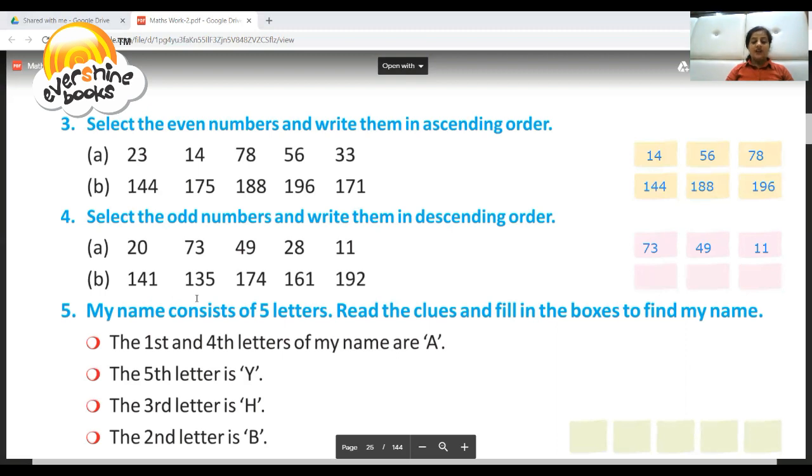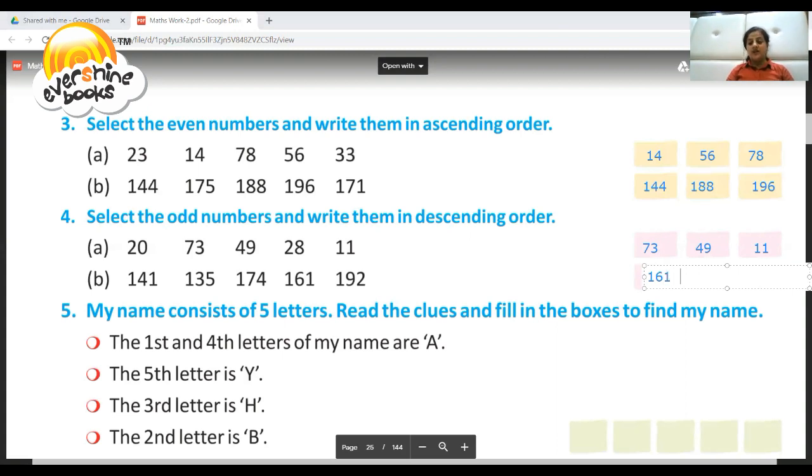Here, our next sum is 141, 135, 174, 161, 192. It means 141 is odd, 135 is odd, 161 is odd. But which is bigger? This is bigger, 161. 1 at one's place.